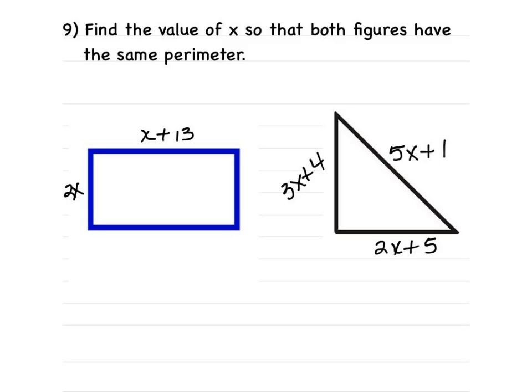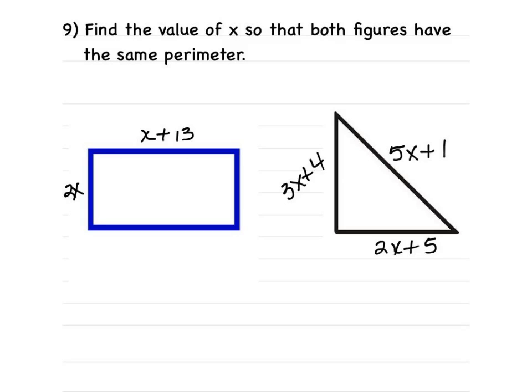Number 9. Find the value of x so that both figures have the same perimeter. So go ahead and copy down the two figures that I have on here. We have a rectangle that has a length of 2x and a width of x plus 13.